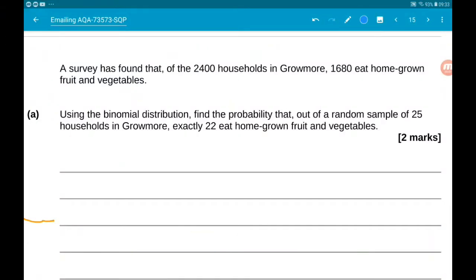Okay, question 9. We have binomial distribution. So, a survey has found that of the 2,400 houses in Gromel, 1,680 eat homegrown fruit and vegetables.